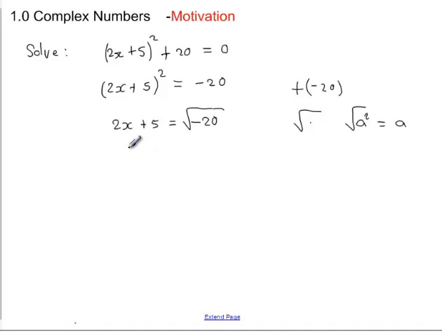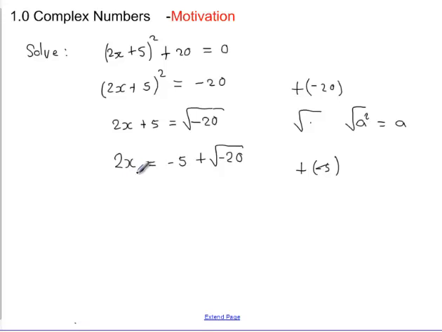So continuing there, adding minus 5 on both sides, what do you get here? We get 2x equals minus 5 plus the square root of minus 20. That's what we've done.